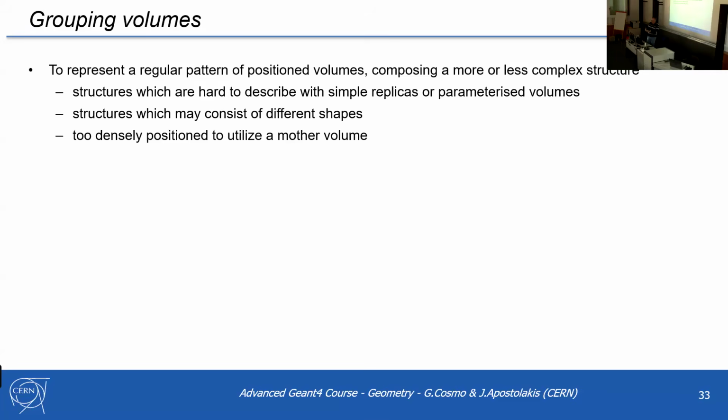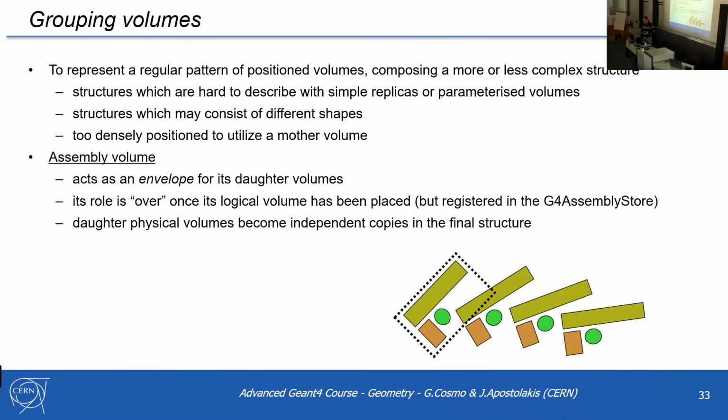The structures that you define may consist of different shapes, and may have volumes that are more or less dense in their location. They can be hard to define or describe as a simple replica or as parameterized volumes. In this case, you see the assembly volume acts as a kind of envelope.